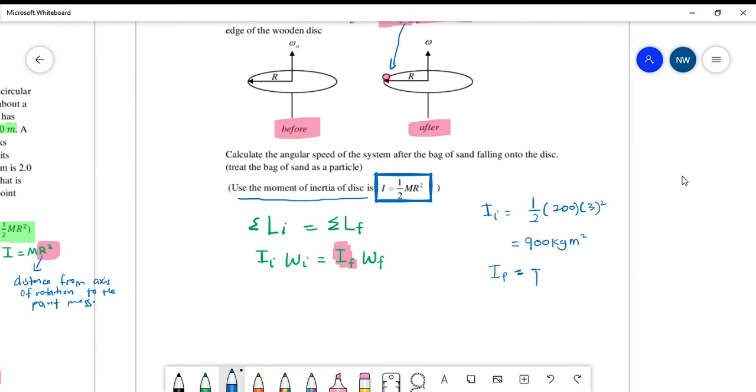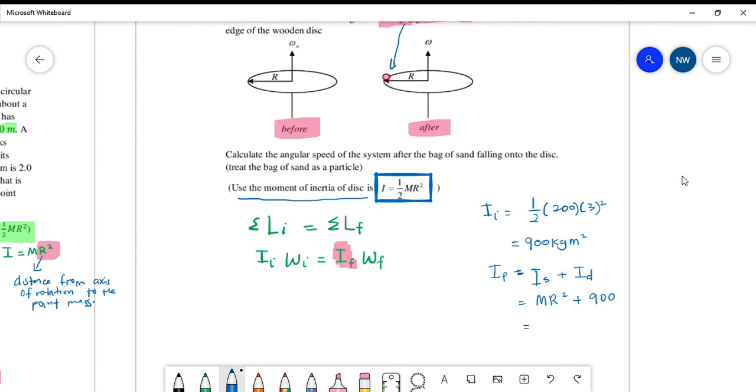Okay, and then for moment of inertia final, it would be the moment of inertia of the sand plus the moment of inertia of the disc. So we've calculated that the moment of inertia of the disc is 900. We're just going to add that up. But for the sandbag, as before, we're just going to use the point mass formula, which is mr squared plus 900.